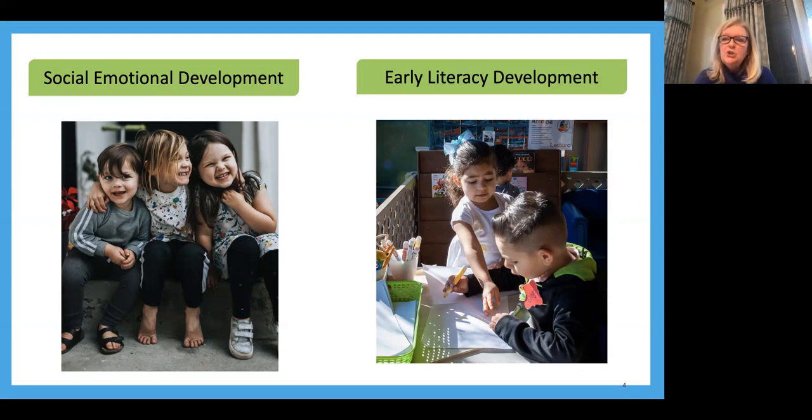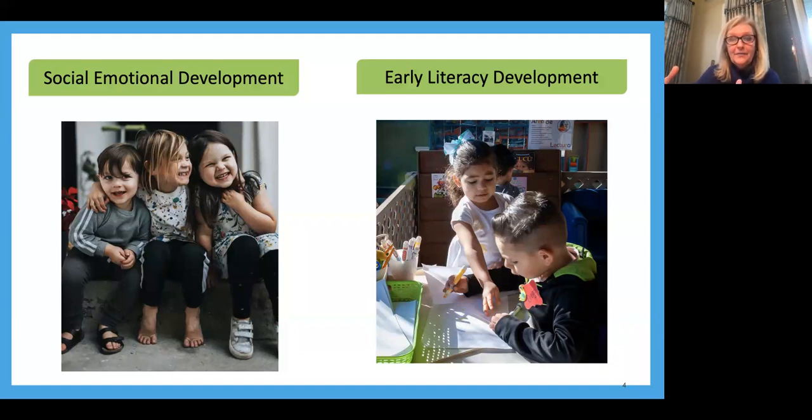It also includes developing relationships with adults as well as their peers, making friends, and beginning to learn how to label, understand, express, and manage emotions, being empathetic, persisting with things, following directions, and problem solving. That's a lot of skills.